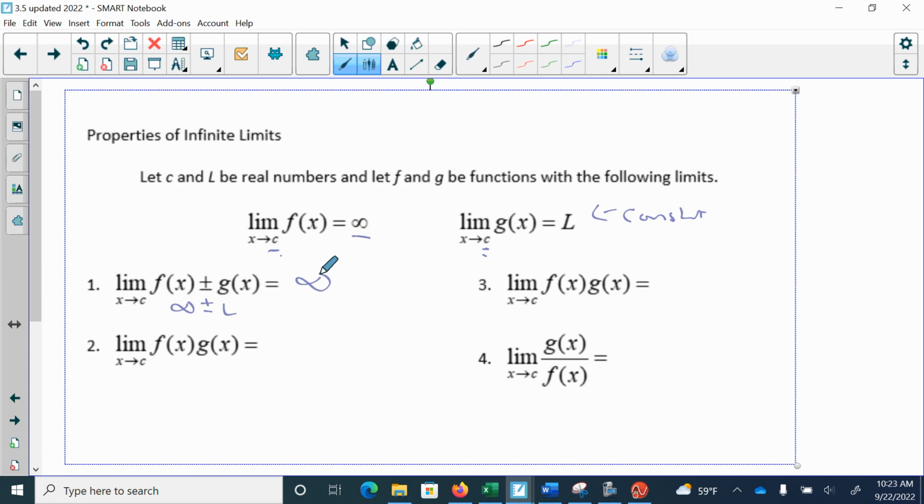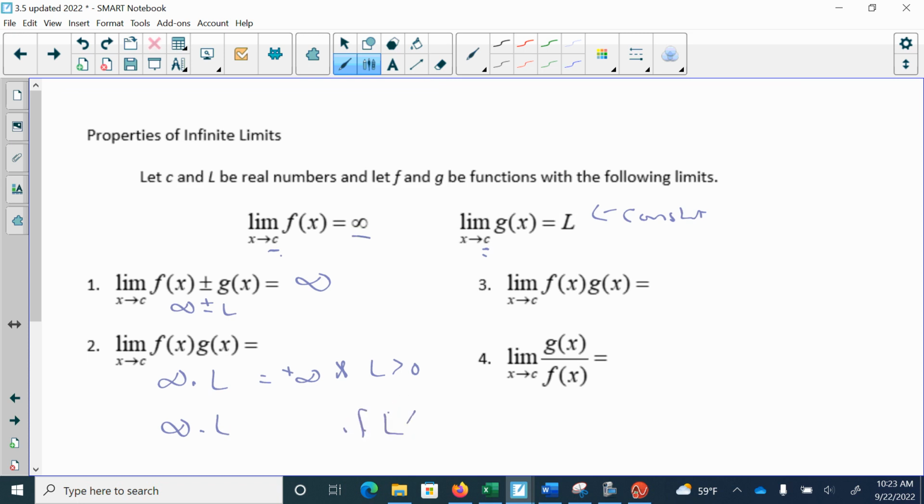So number 2, if I take f of x, so I take infinity, and I'm multiplying it by L, what's that going to be? That's going to be positive infinity if L is greater than 0. What is infinity if L is less than 0?